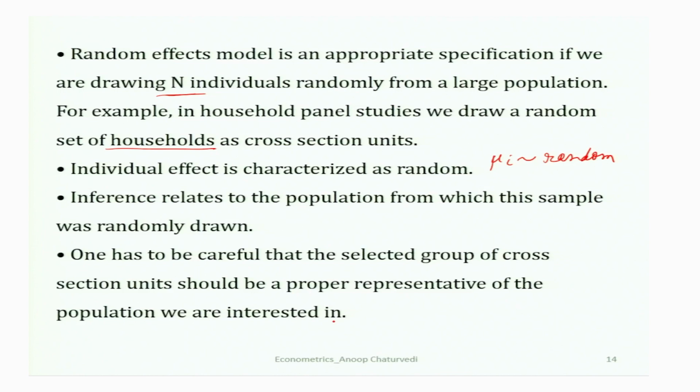So, this is very crucial. You have selected a particular sample from a large population, you are taking observations on this selected group, and you are fitting the model for this selected group. So, this selected group should be a proper representative of the population we are interested in, because finally you are drawing conclusions about the entire population.